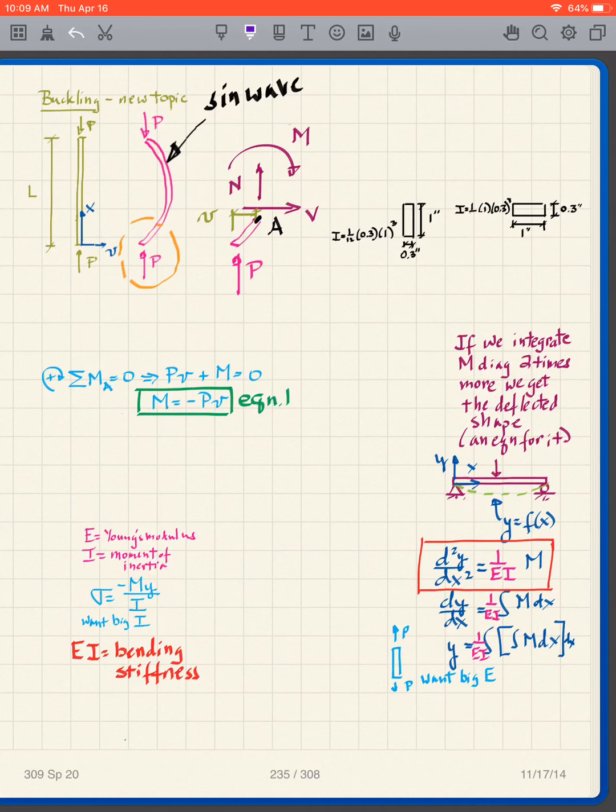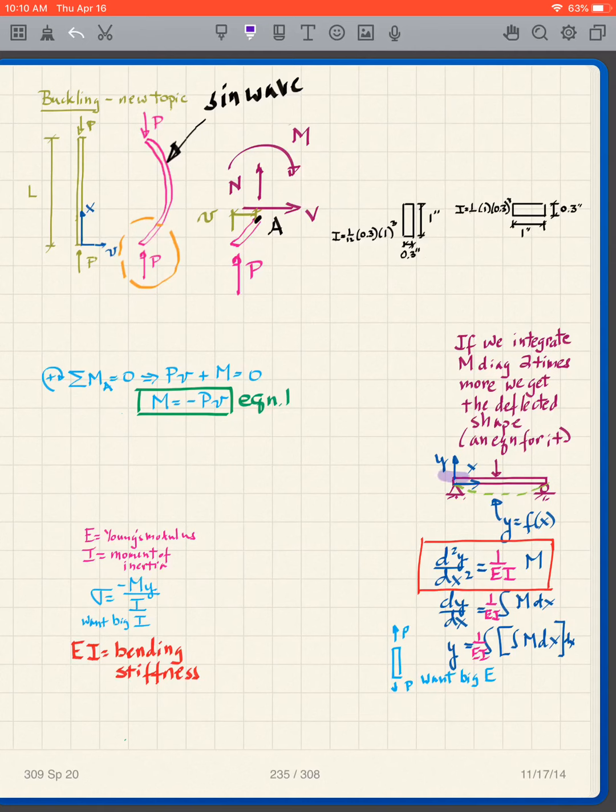Because if we want to reduce deflections in a beam, for instance, we want a big I. Another way to reduce deflections is to increase E, make the material stiffer. So the product EI we refer to as bending stiffness, and it comes out in these equations that we develop.